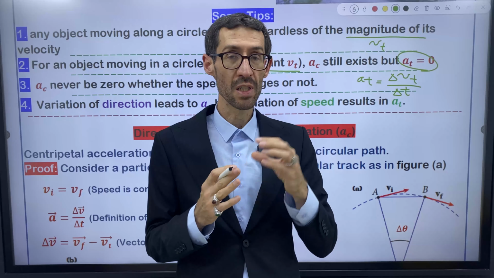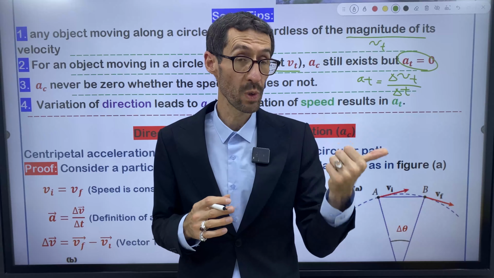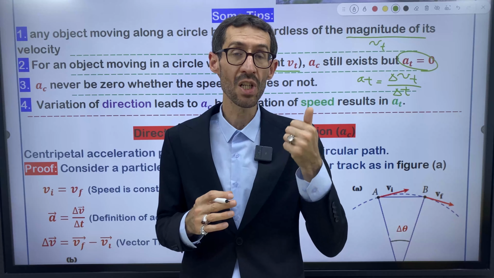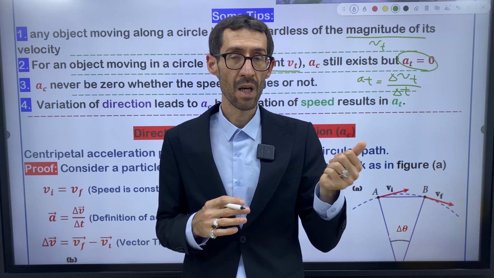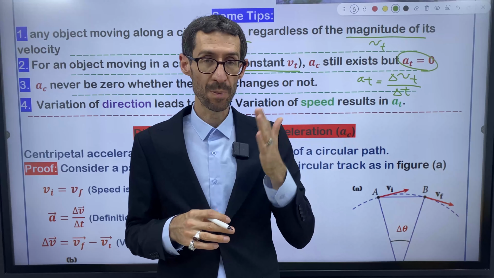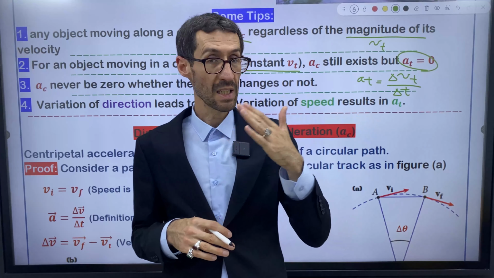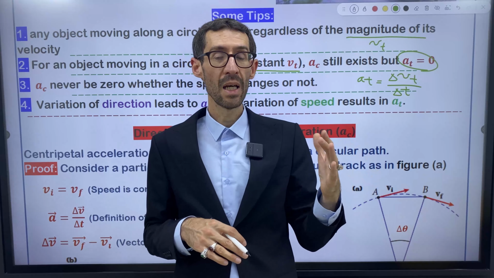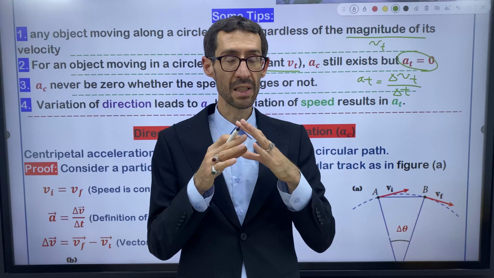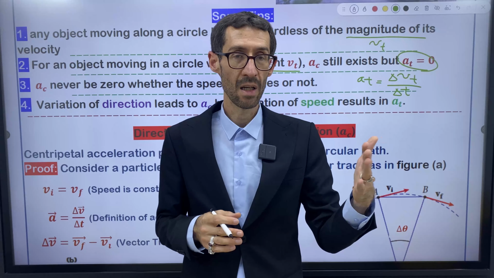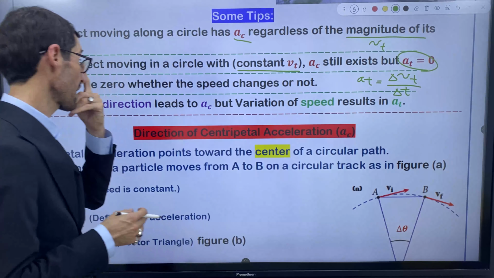So any change in speed means acceleration. But which type of acceleration? Tangential acceleration, right? So increasing or decreasing speed causes tangential acceleration. But changing the direction causes centripetal acceleration. This is the second tip.